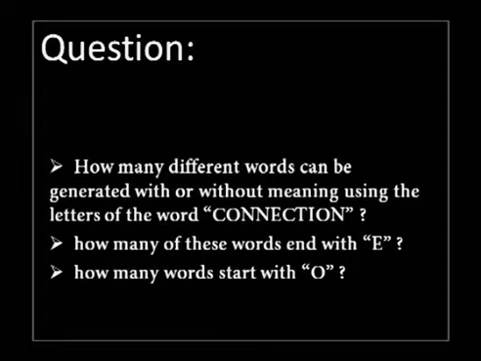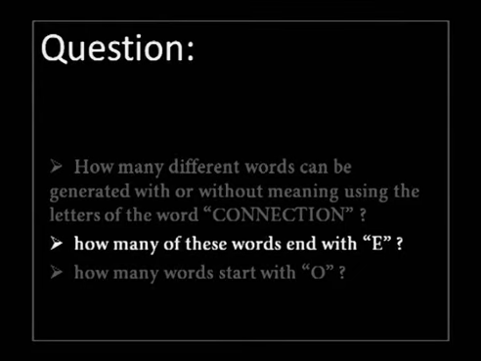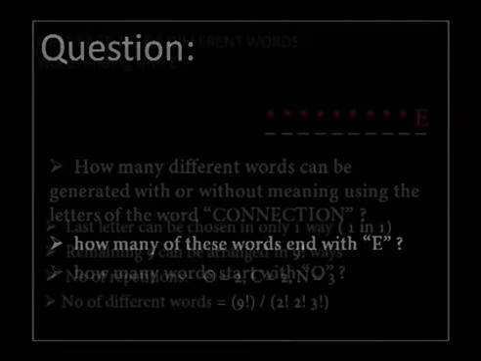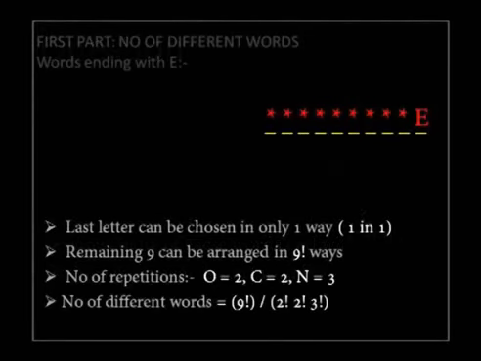The second question is, how many of such words actually end with E? Now should you try to put those 10 possible places where a letter can be filled. In that the last letter has to be E. There are not any more ways about it. There is only a single way about it. So we see that the last letter can be chosen in only one way. The first 9 letters, however, can have any kind of arrangement.